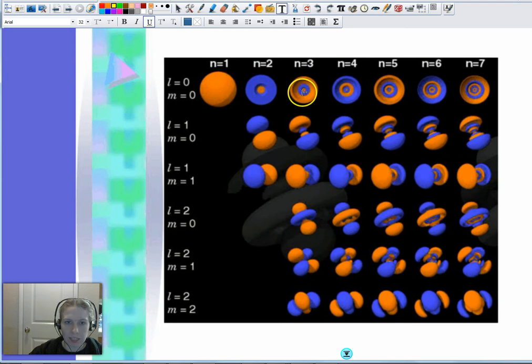N equals 3, you're going to have 3 spheres, 4, and so forth. Here is what the p orbitals look like. This is the dumbbell shape. This is the d orbitals. They're getting more complex. And then we have f orbitals down here.